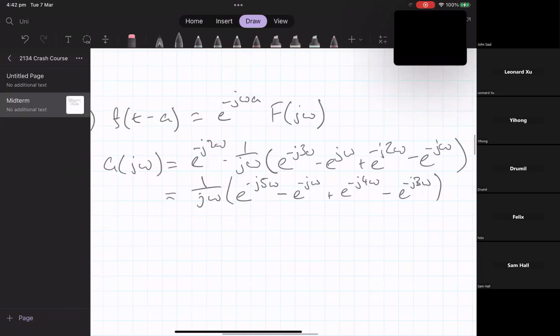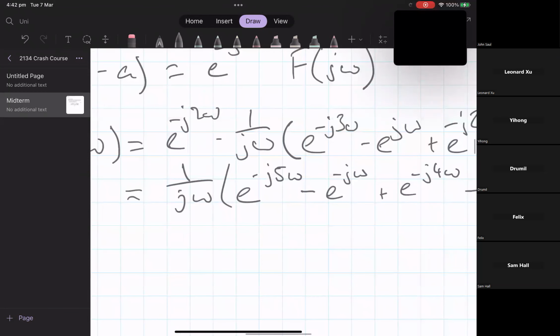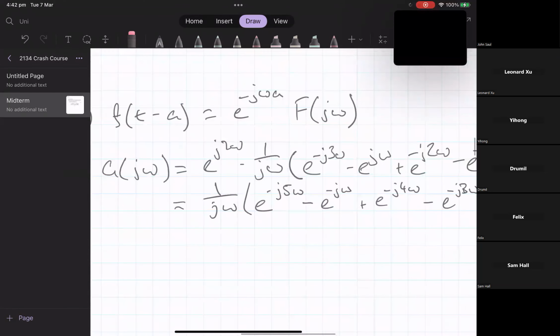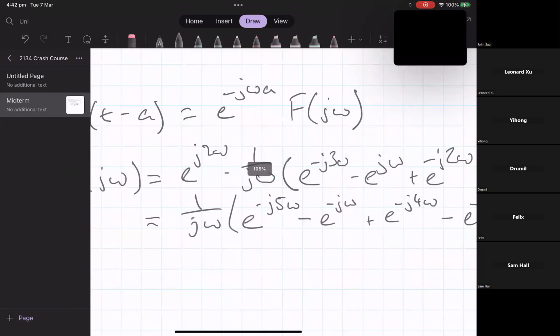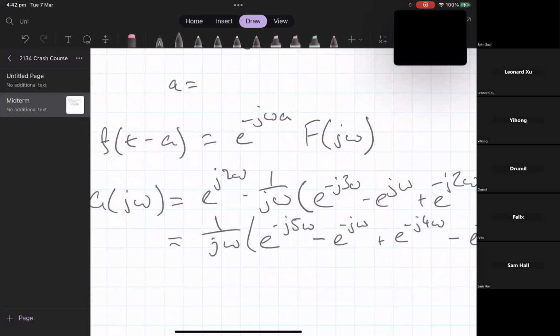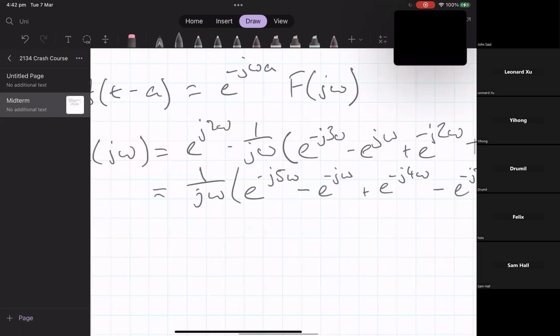Sorry. This is a +2 because we're taking a negative of our a equals -2. So up here, this is just an e to the 2j omega.